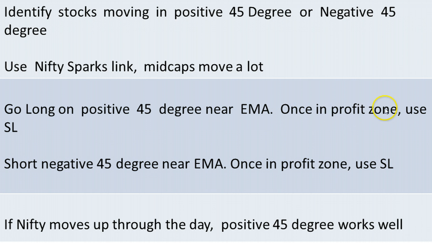And once in the profit zone, use a stop loss. Make sure that you exit in profits. So once in profits of at least 1000 rupees or more, put a stop loss at 400 rupees in profits. Similarly, short negative 45 degree kind of line movement near the EMA, and once in profit zone, use the stop loss again.